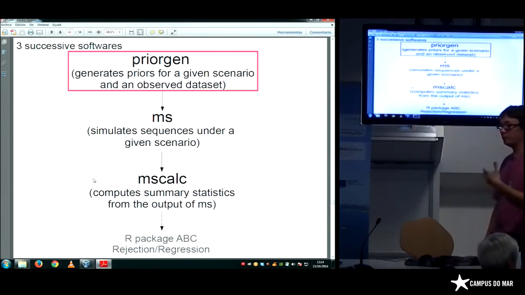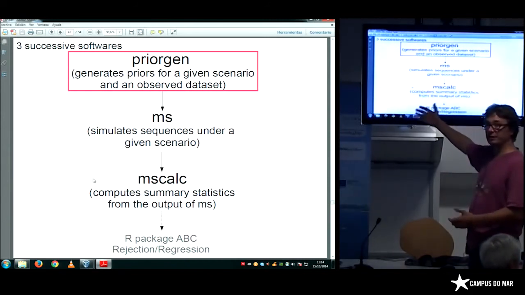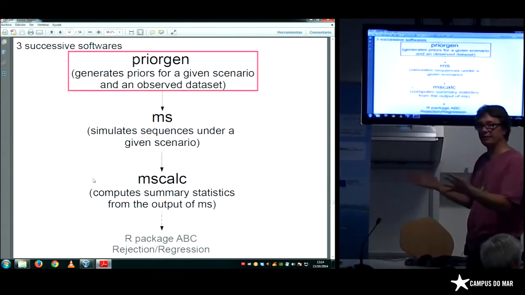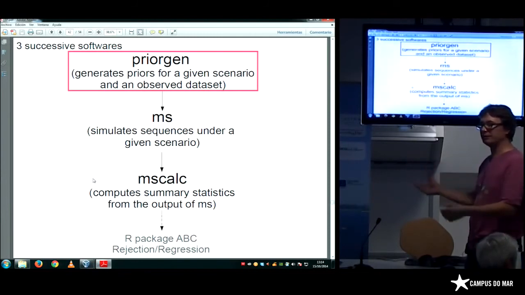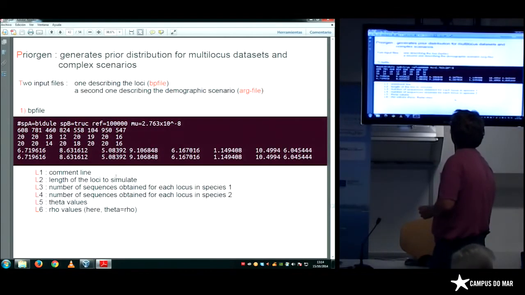So to automatize the procedure, we can call priorgen, which is dedicated to generating the sampling of the parameters in the prior distributions. Okay.